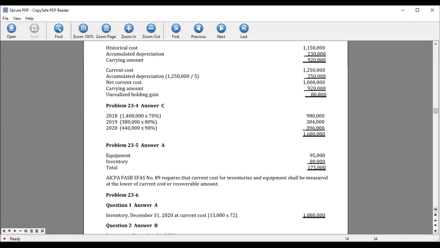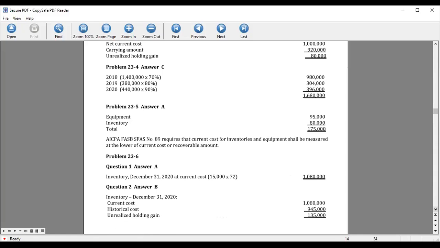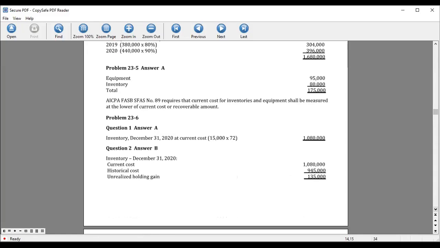So that's why we have the lower of equipment, it's 95,000. For inventory, it's 80,000.